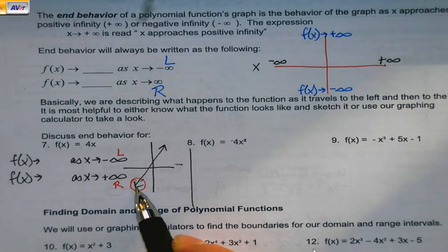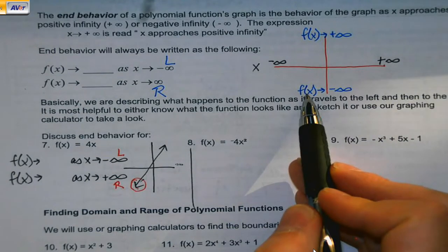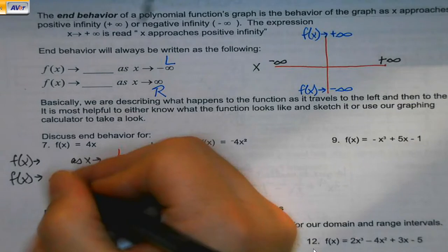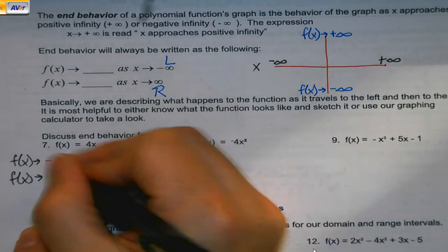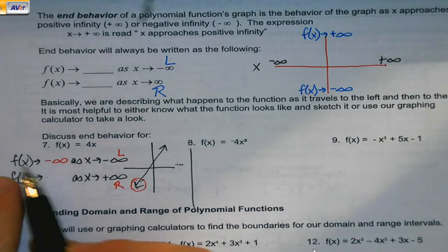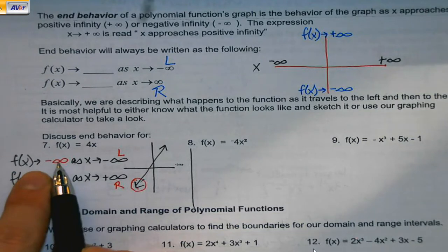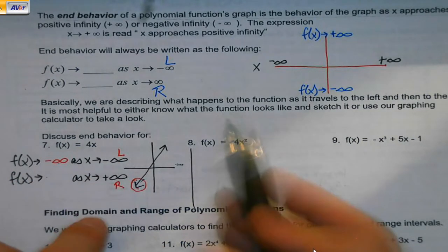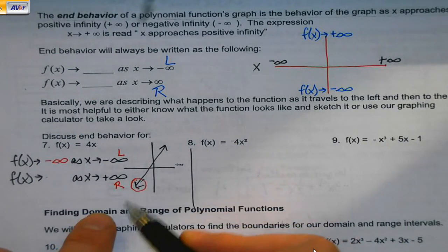Well, it's going down. When we're looking at the y value and it's going down, it's going towards negative infinity. So this first line says y goes down as x goes left. We're going left, we're going down.